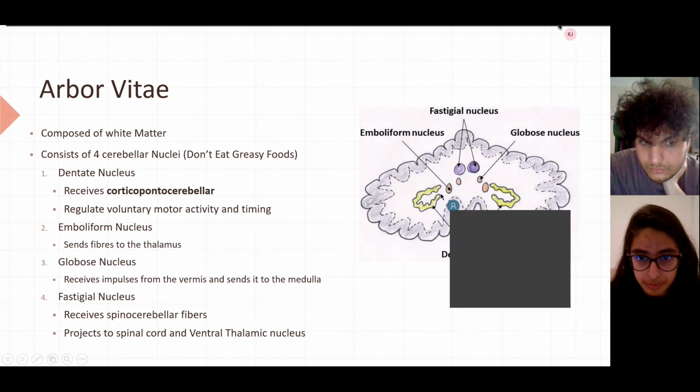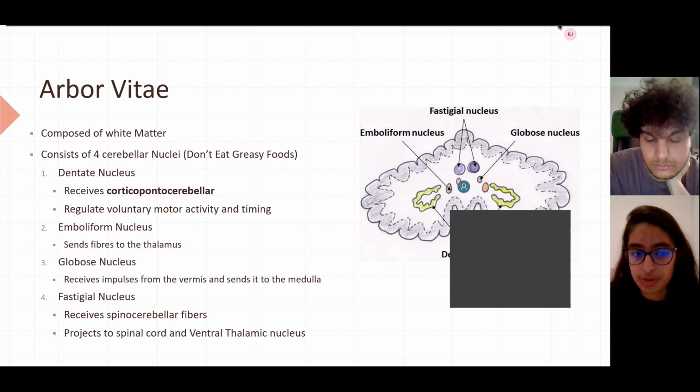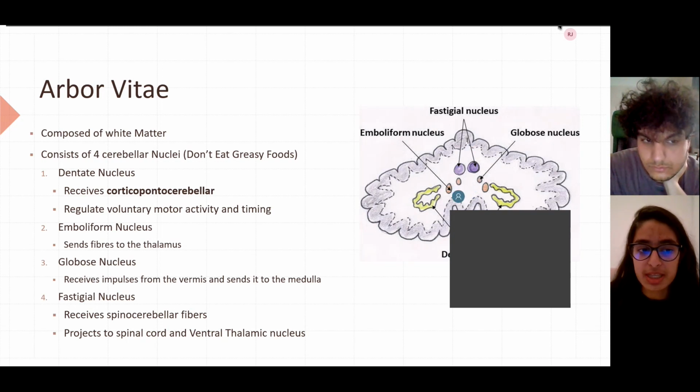The emboliform and the globose can also be called interposed nuclei because their functions mostly correlate with each other, and their function corresponds with the intermediate zones. The emboliform sends fibers to the thalamus, while the globose receives inputs from your vermis and sends it to the medulla.